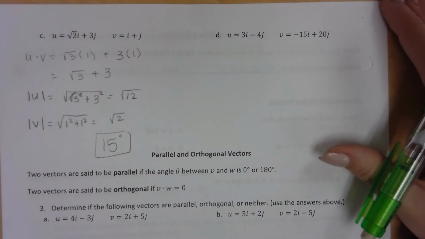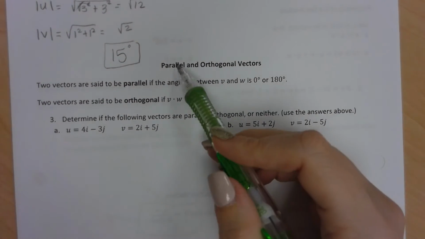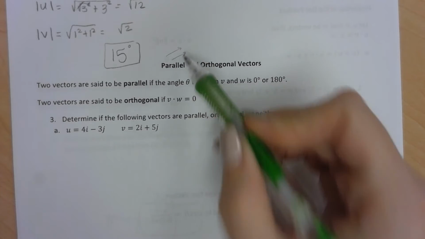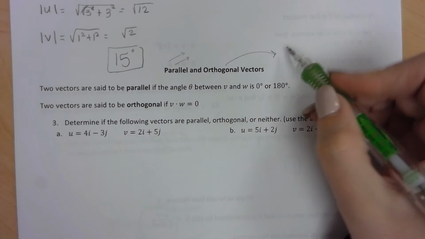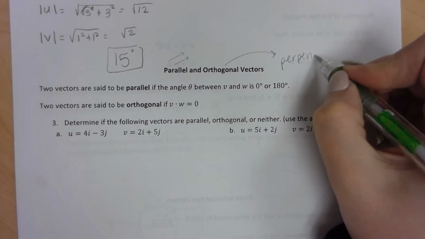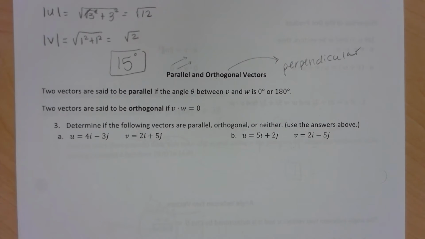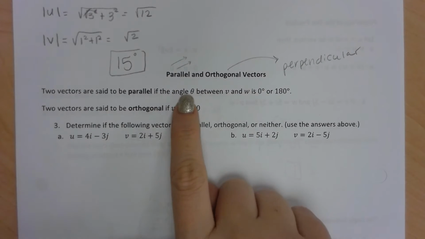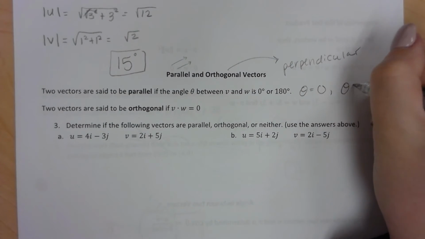Okay, so the next thing is that we can know if vectors are parallel or orthogonal. So parallel, remember, just means vectors that would never intersect, right? So parallel means they don't intersect. Orthogonal is just a fancy word for perpendicular. So if we want to know if vectors are parallel or orthogonal, two vectors are said to be parallel if our angle is 0 or if our angle is 180.